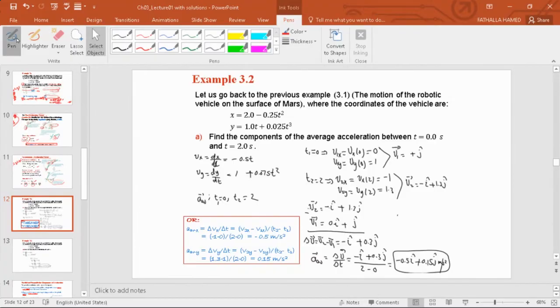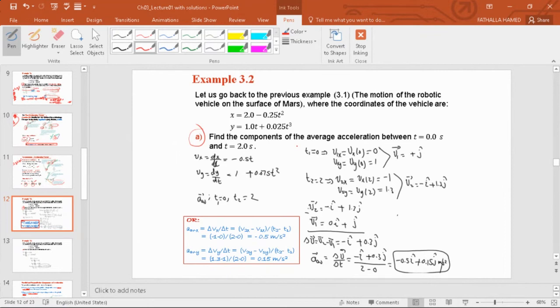It's the same example that we dealt with, 3.1, but now they ask us here to find the components of the average acceleration between t equals 0 and t equals 2 seconds.